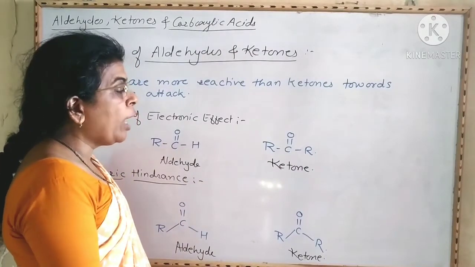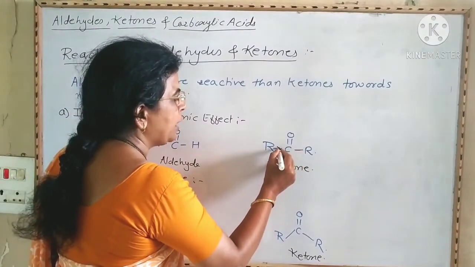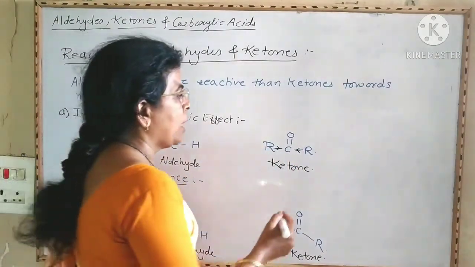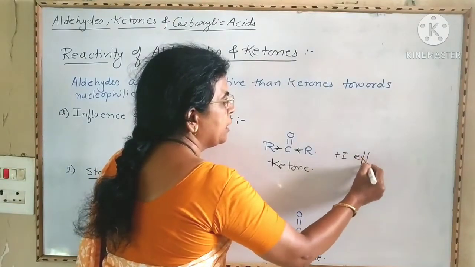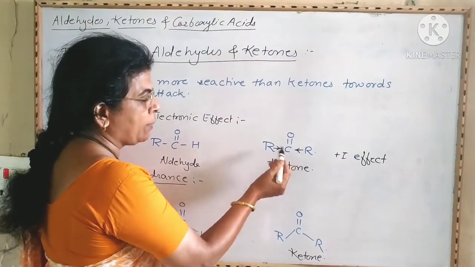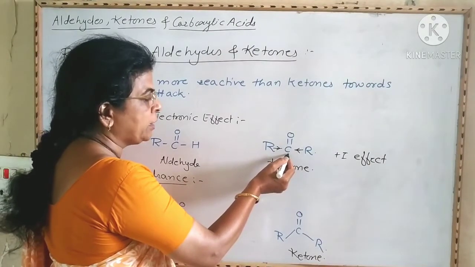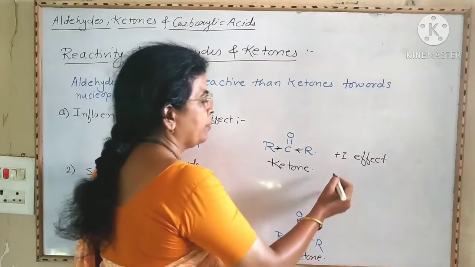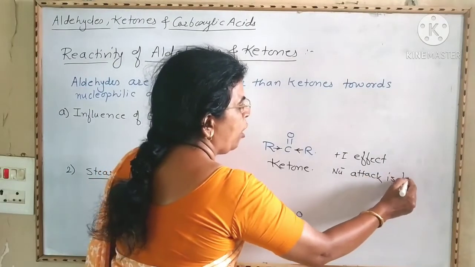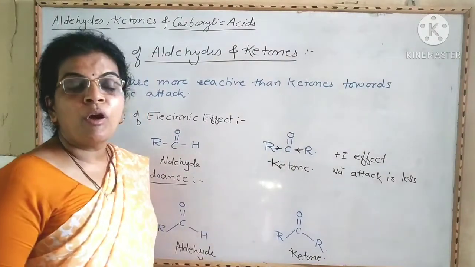These two alkyl groups are bulky and electron donating, that is, they donate electrons towards the carbonyl carbon by the plus I effect, the positive inductive effect. Due to this, the electron density of the carbonyl carbon increases, and therefore there is less possibility of nucleophilic attack on the carbonyl carbon of the ketone.